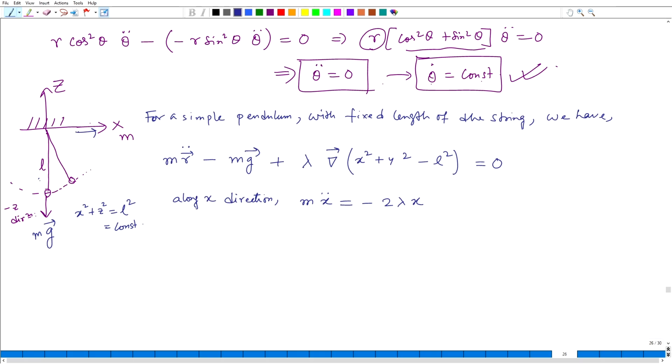Okay. But along z direction, along negative z direction, you have a force field, and that is why you write m z double dot, and this becomes then plus sign, because g is acting vertically downward, so along minus z direction. Okay. So, I will write plus mg is equal to minus 2 lambda z.